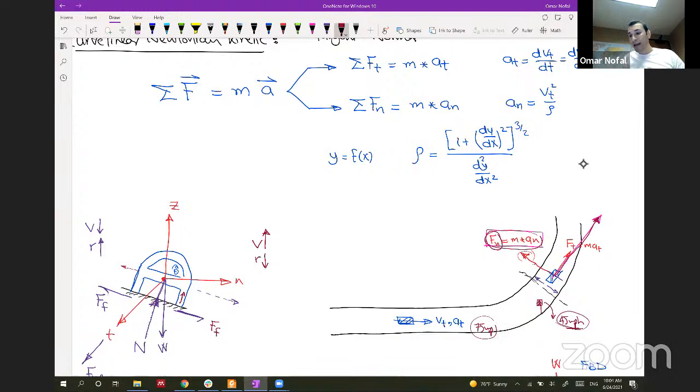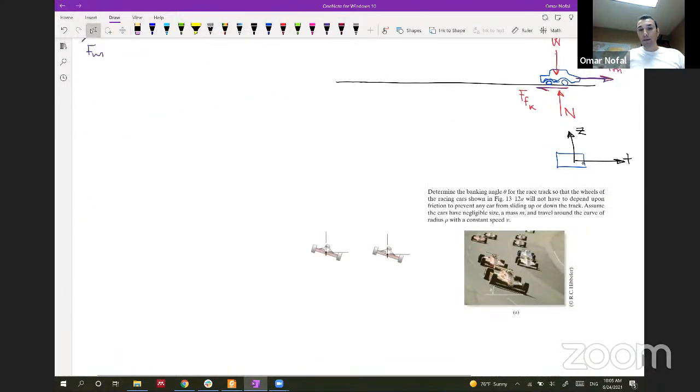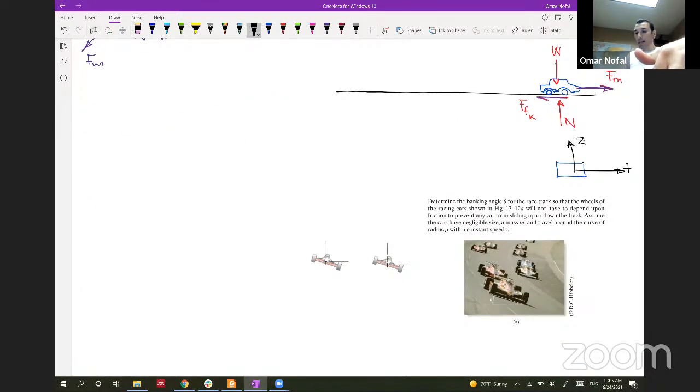Let's see an example of how the geometric design of the highway road is done, how we can calculate this theta that can make this car stable with a certain velocity and certain radius. So let's have this example. This is actually an extreme example because race cars have a very high velocity.